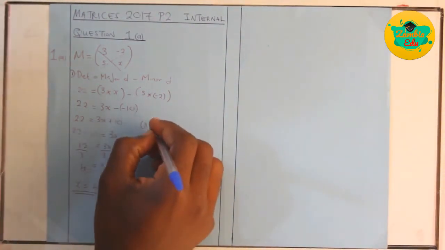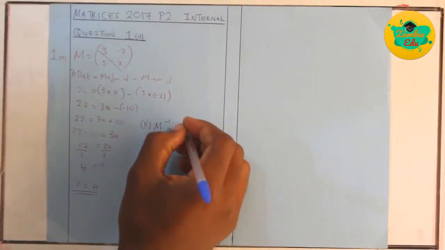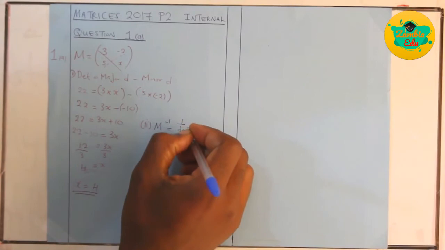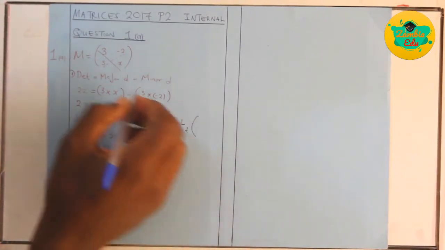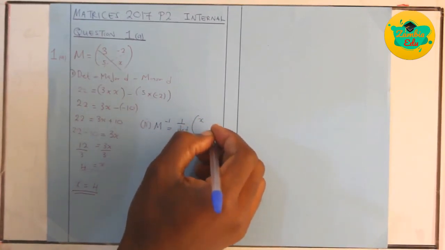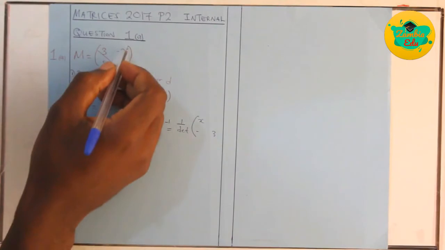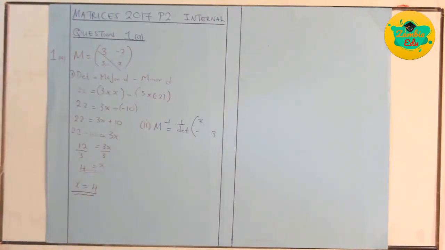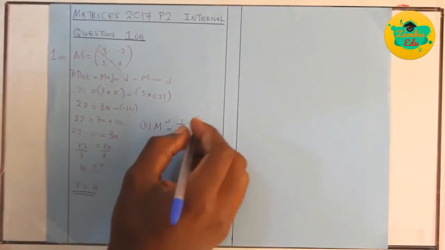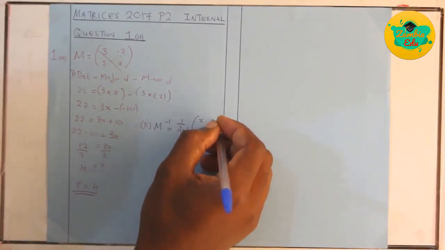So we are looking for M inverse, which is equal to 1 over the determinant, open bracket, swap values in the major diagonal, so you have your x there, your 3, then multiply the minor diagonal by a negative, so you have negative 5 and a positive 2 right there.